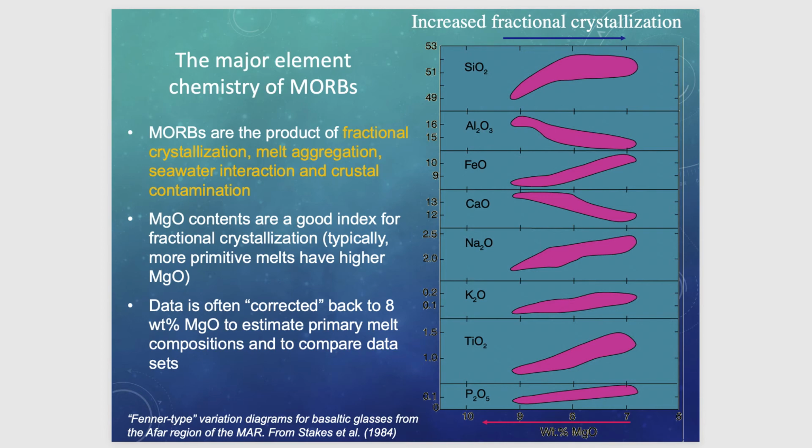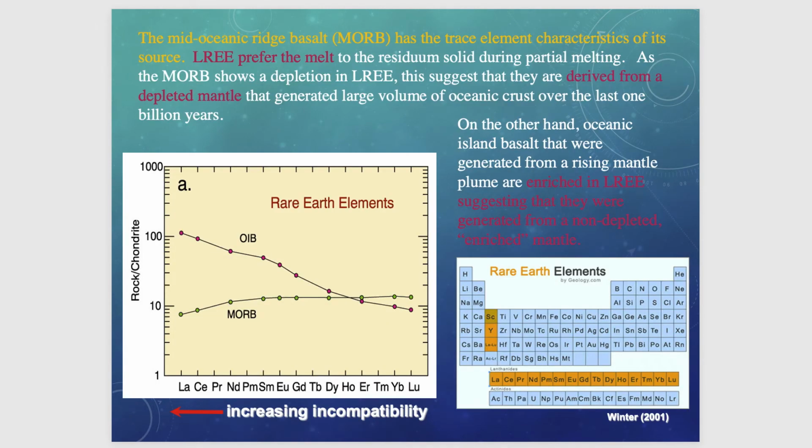If we move on, we can see here that this leads us to understanding that the light rare elements usually prefer to stay in the melt, and this leads to the concept of incompatibility.